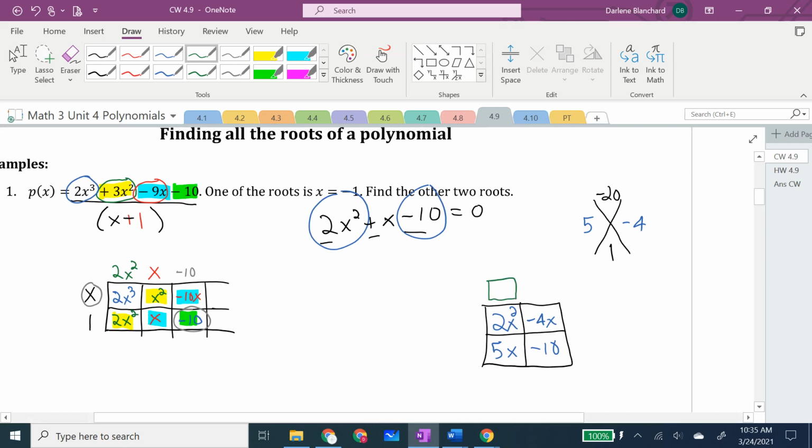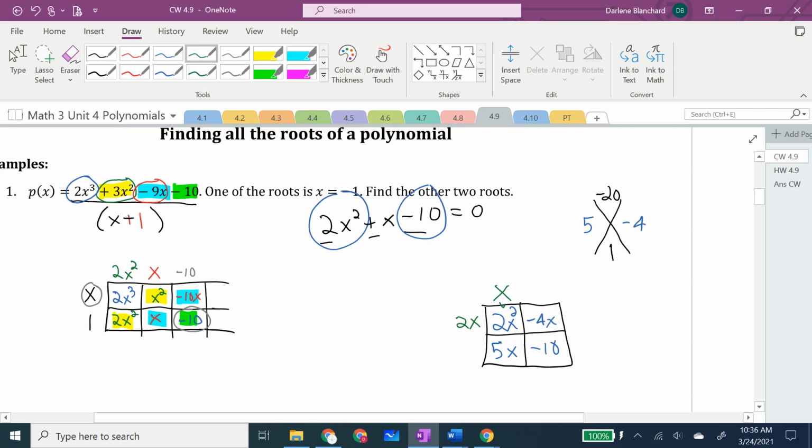For this particular box, I'm going to look down the column and see what can divide both. X is the only thing that's going to divide both. And there is another order you can go about this. This isn't the only order to attack. Then, if this is x, this is going to have to be 2x to multiply to make 2x squared.